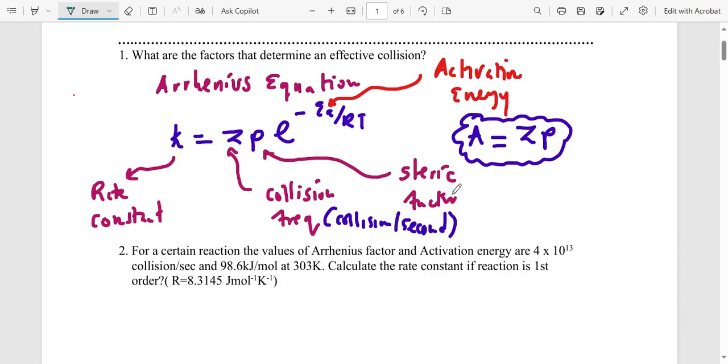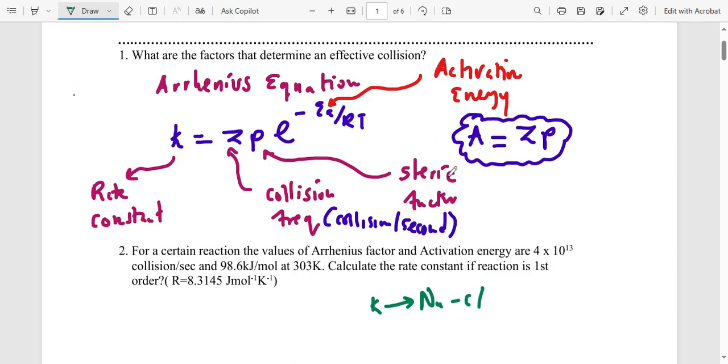And then what is the steric factor? The steric factor is the fraction of molecules that have the proper molecular orientation. For all those molecules that are colliding with the collision frequency, not all of them have the right molecular orientation. In the example I gave you, if potassium is supposed to react with sodium chloride and potassium is colliding with sodium, this reaction won't happen, because there is a wrong molecular orientation.